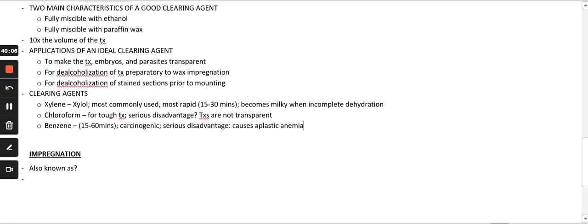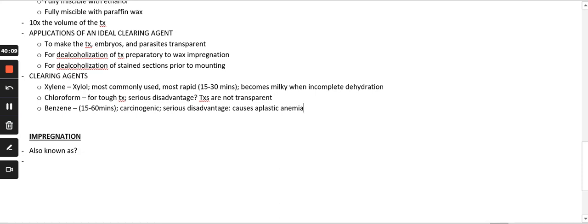Okay, now what else? Di ba nakachika naman ko last time about cedarwood oil? Di ba katong daghang letter C kay mo clear siya both paraffin and celluloidine sections. It is recommended for another letter C, for your CNS, your central nervous system, and another letter C for your cytological studies.